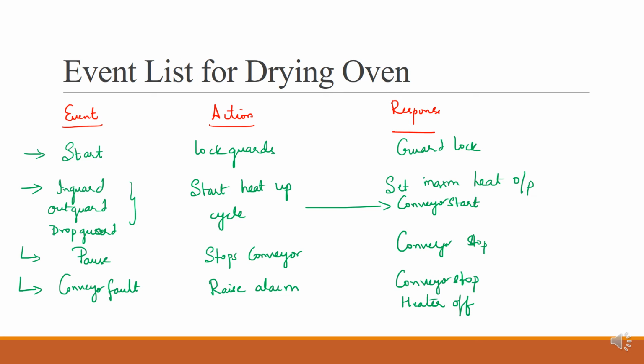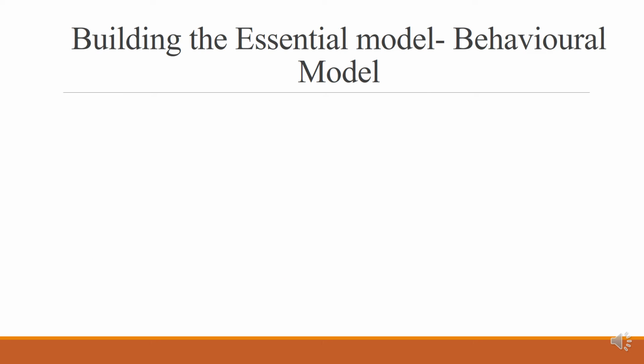So this is how we write an event list for a given example like the drying oven. Like this we can write an event list for any real-time system. Building the essential model, that is the behavioral model.